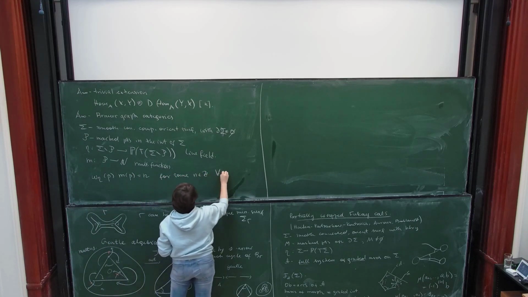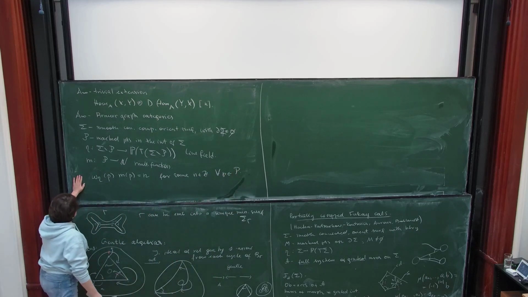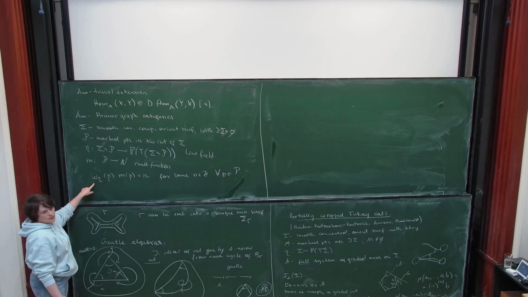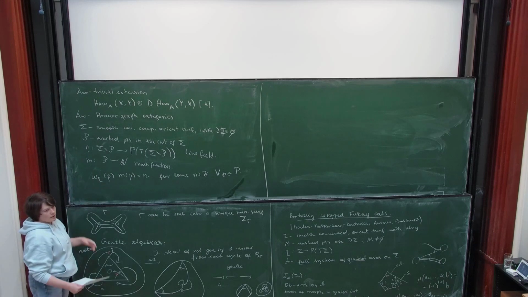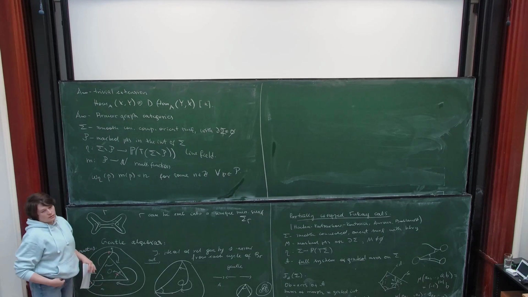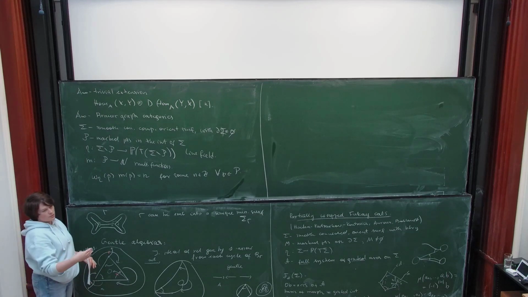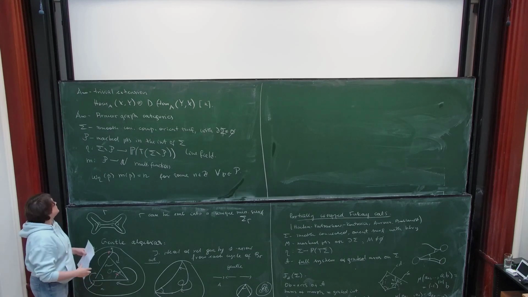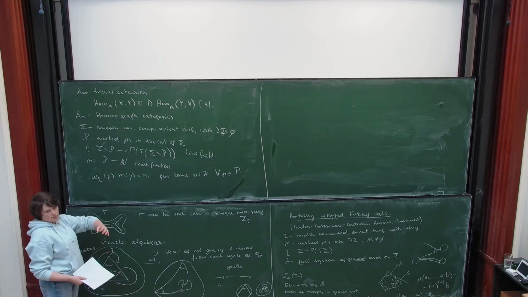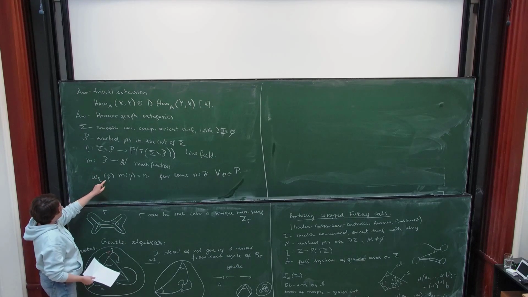For any loop on the surface, we can compute its winding number with respect to the line field. And this is just going along the loop and counting the number of intersections the derivative makes with the line field, with signs. And then if we have a puncture, we can consider a loop going around this puncture, and this will give us a winding number of the puncture.